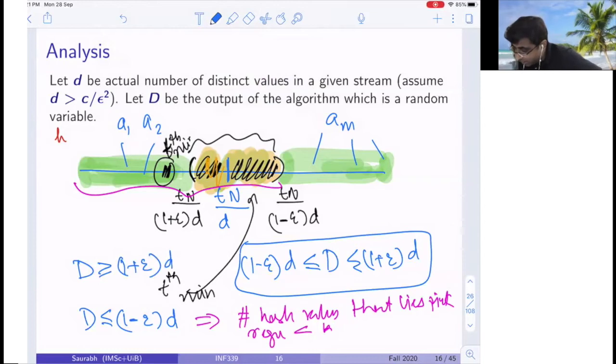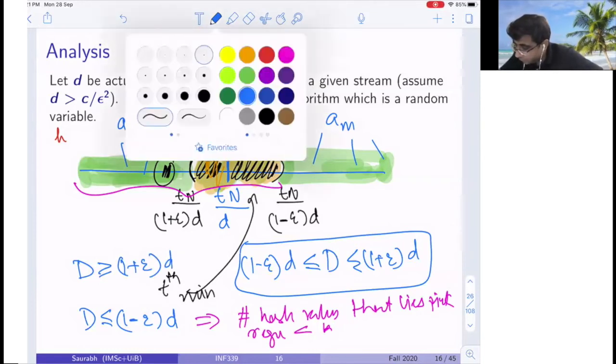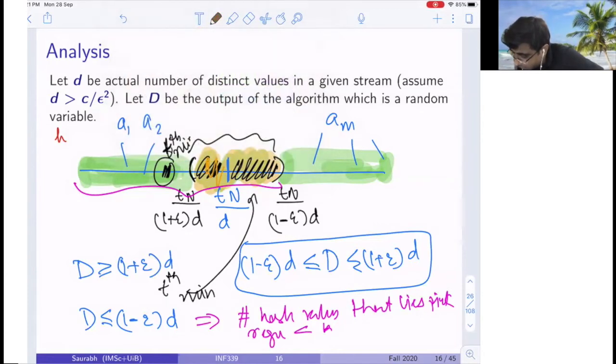So it means, let's say in brown color, in this region, you have more than K values, right? Because that is why you will get something. So in this case, this implies more than K hash values in the range.